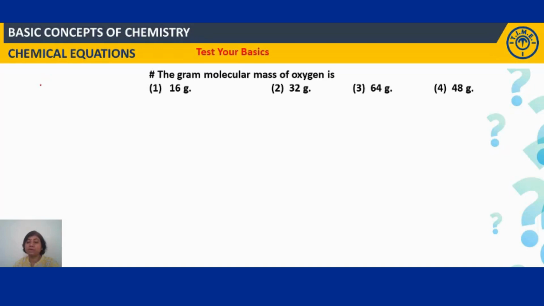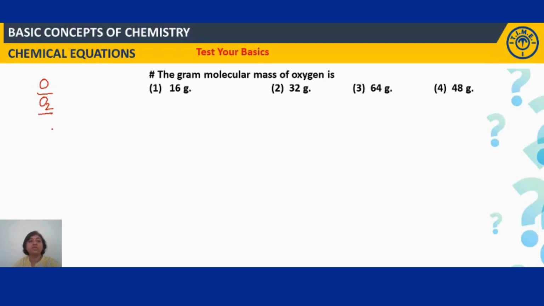When you are using a symbol, a single atom of oxygen, then the mass of this oxygen atom in grams, we say gram atomic mass. And when we have to calculate gram molecular mass, we have to write O2, the formula of oxygen. So O2 is the gram molecular mass.